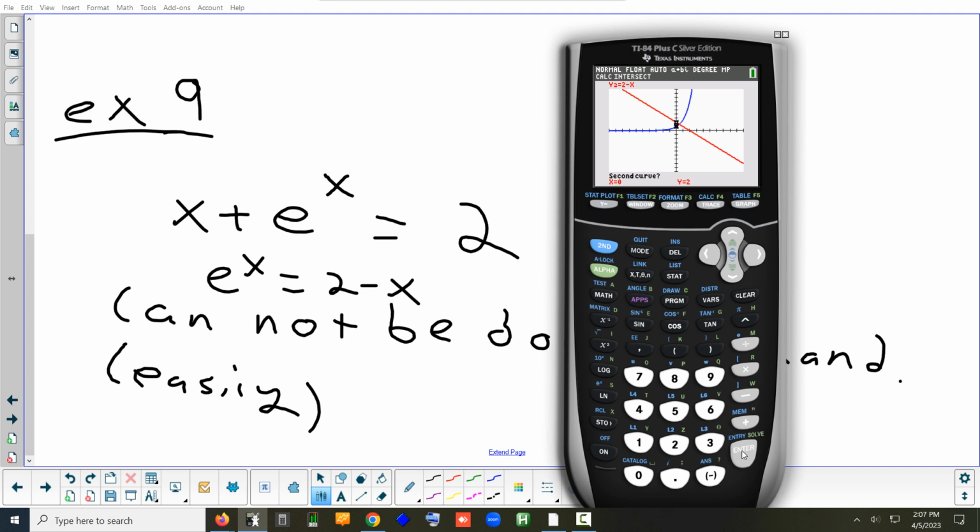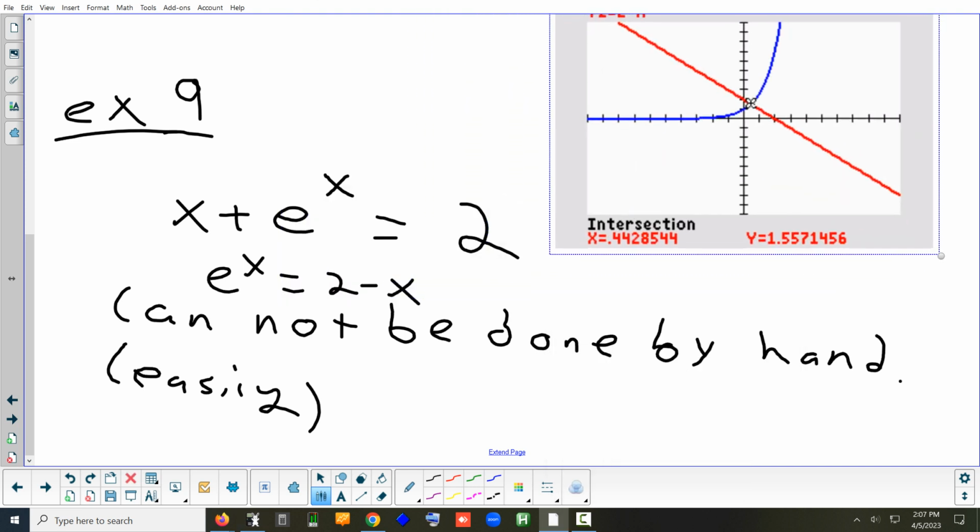Intersect, and then we hit enter 3 times. And without that much work, we get an answer to a problem that we can't really do by hand. At least with relatively simple algebra. So graphing is always a way you can solve something if you can't solve it without. Any question on that one?